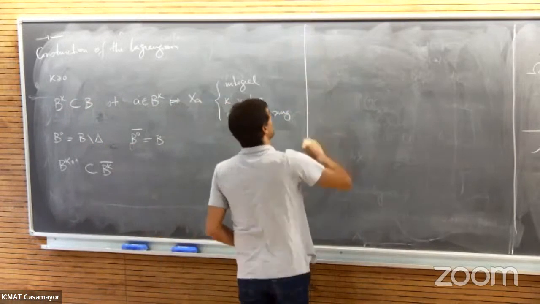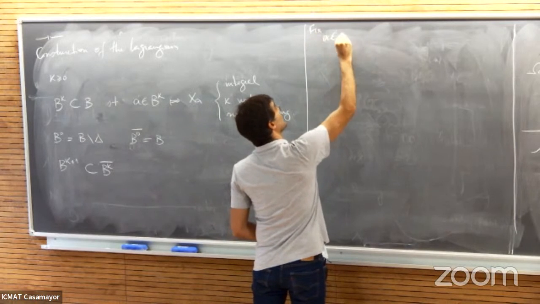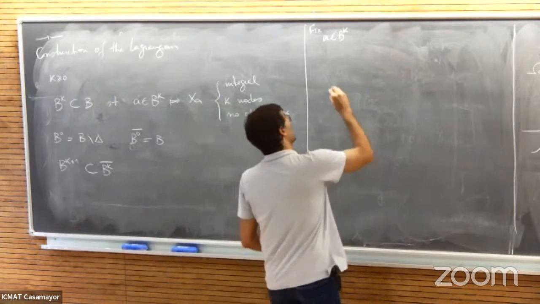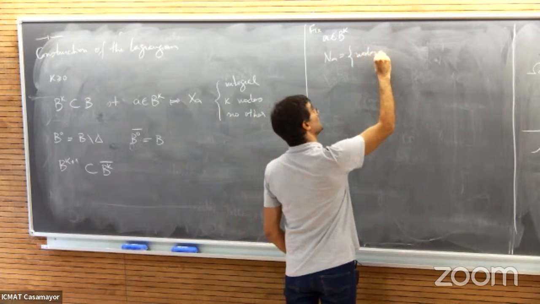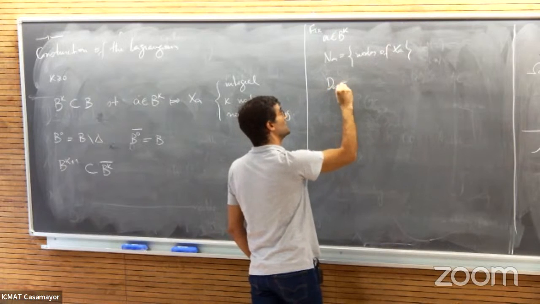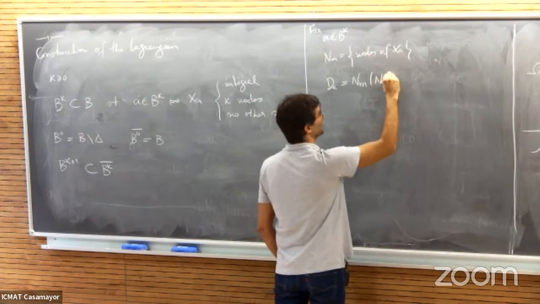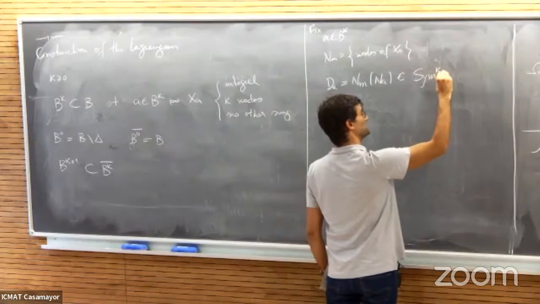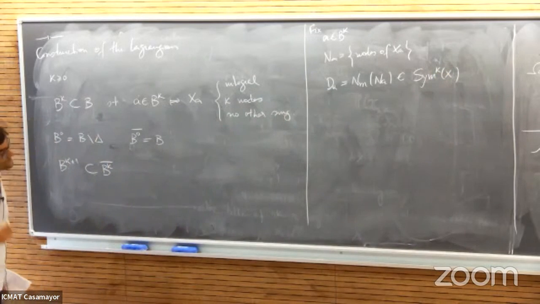So now let's fix one point a in one of these B_k, and take N_a, the set of nodes, and let d_a be the norm of N_a. So this is an effective divisor of degree k on the curve.